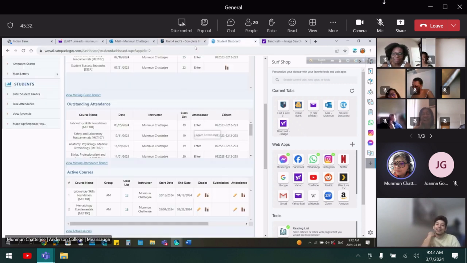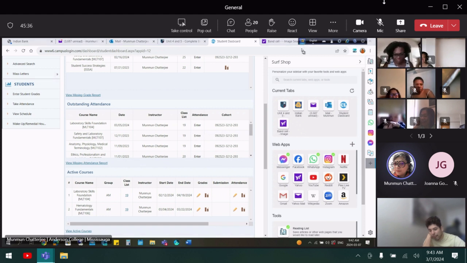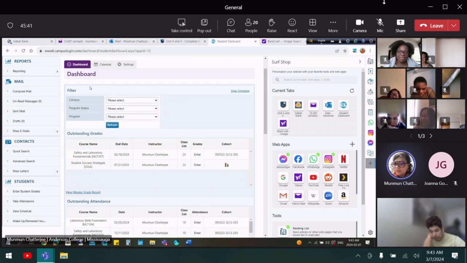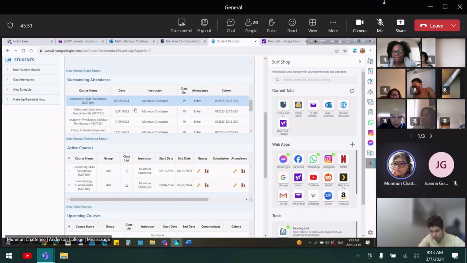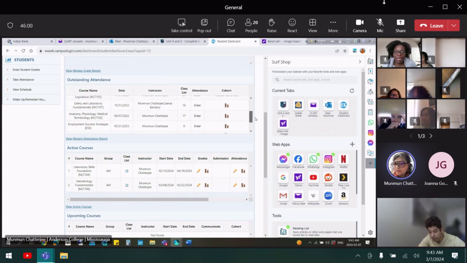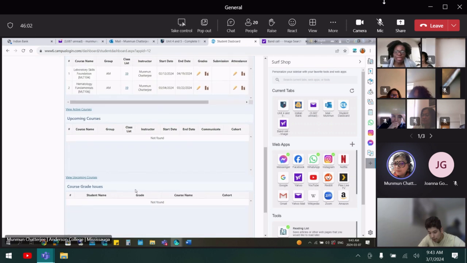The student dashboard. Let us do the student dashboard. It's going to take me to the campus login again. Not found. Why is it not coming here?